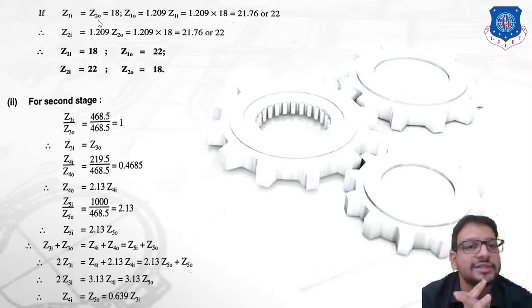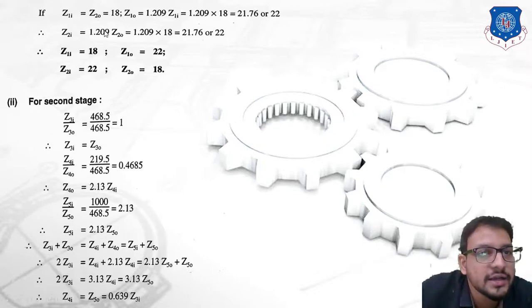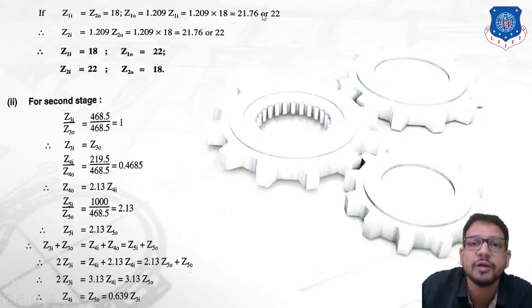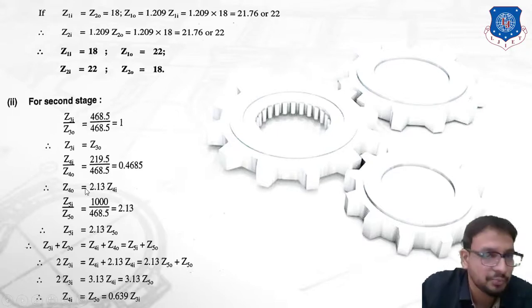In this case I have considered 18. Since z1i is equal to z2o, I am taking it as 18. Now by using our relation, z1o is equal to 1.209 z1i, so the answer becomes 21.76, which rounding off is 22. So we have determined the number of teeth.